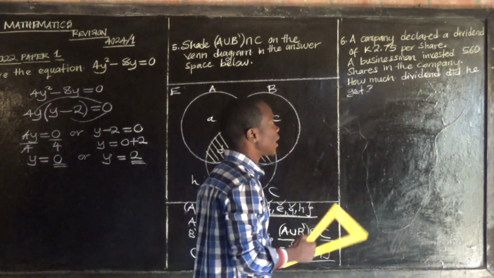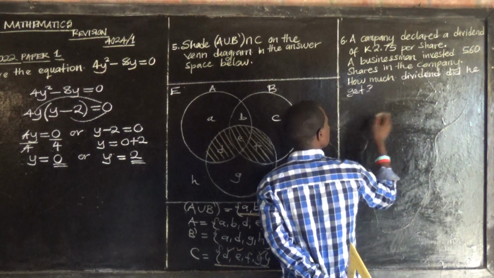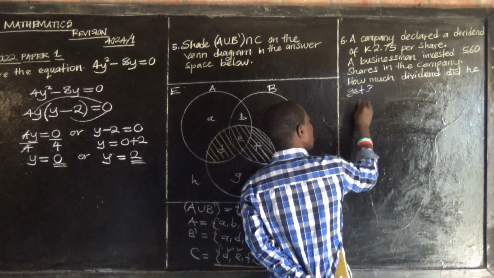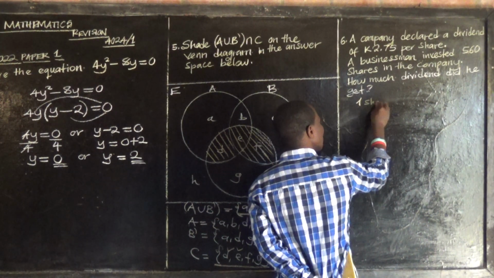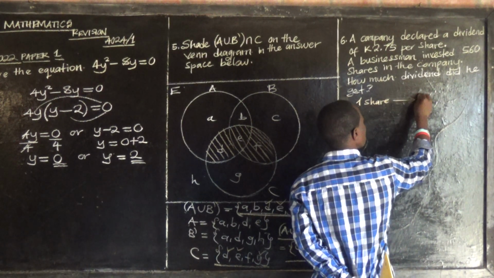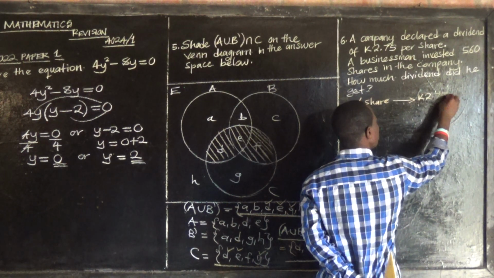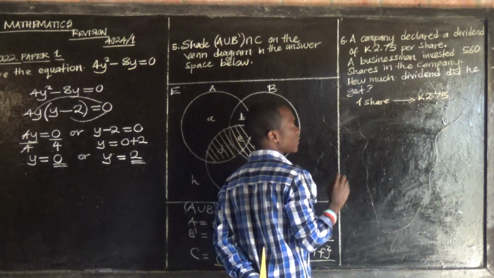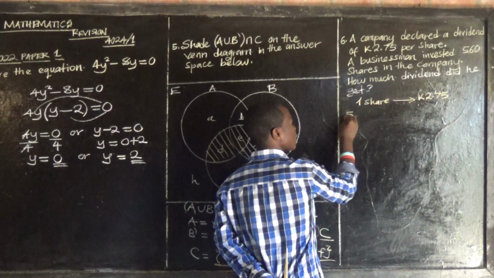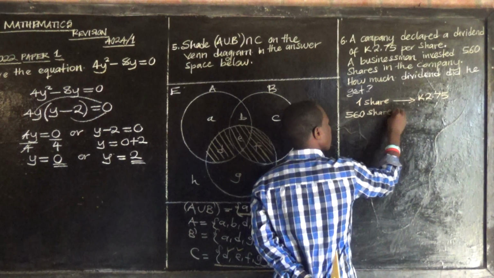So from that quantity of what? Shares. So we're going to say, someone who has 1 share, 1 share is equal to how much? 2 quarter 75 ingwe. Now this businessman had how many shares? 560 shares.